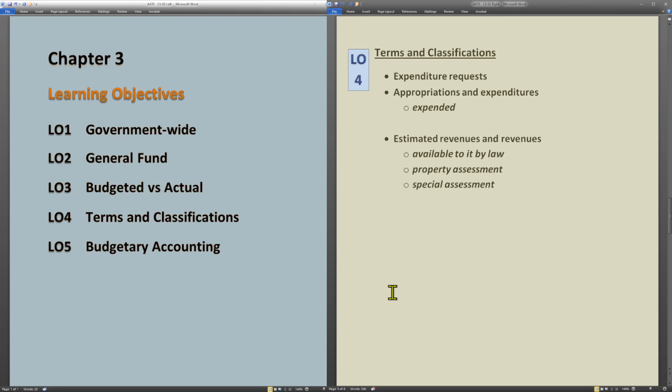Or if you are going on to work for a nonprofit or a governmental agency, you will have heard these concepts and understood how they differ from normal GAAP accounting in general, so you can basically hit the ground running.